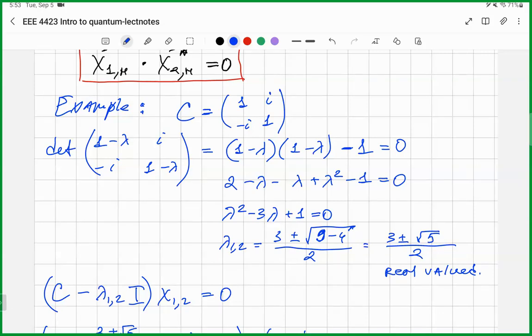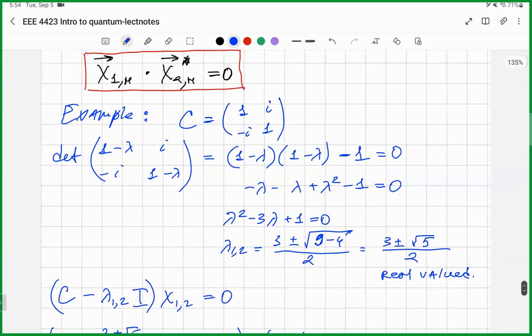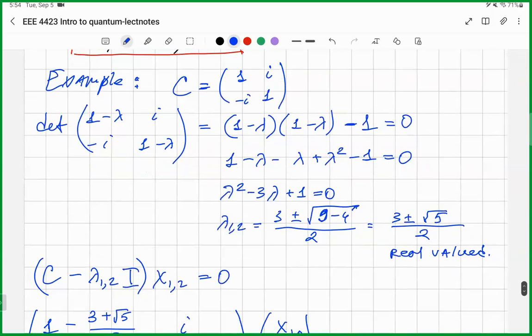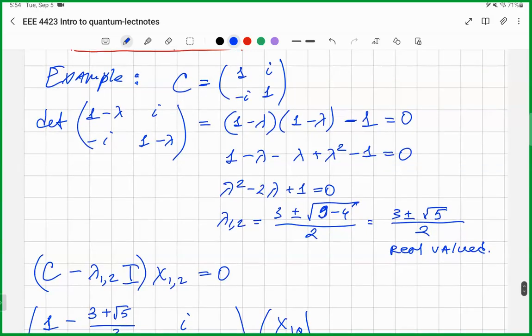Then we get lambda squared, then minus, what's going on here? Let me, oh yeah, 1 here, right? So then this one and this one cancel out. Here I have 2 lambda, and this one is gone.